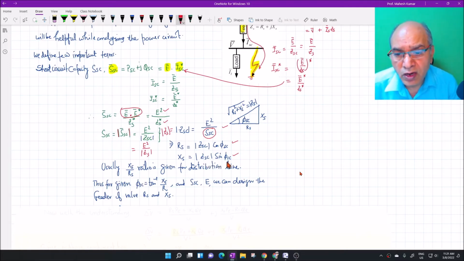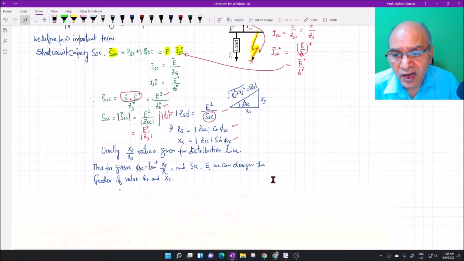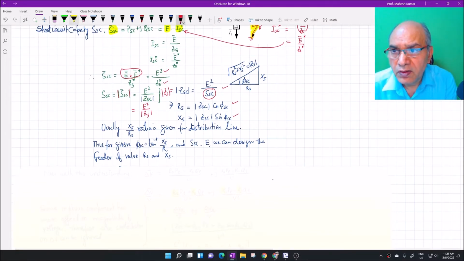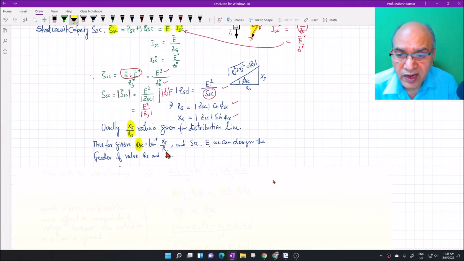What is given to you normally is the XS by RS ratio. When you solve the problem or when you have any distribution transmission network, you are given the value of XS by RS. Now from this given value we can find out phi SC, or phi S, which is tan inverse of XS by RS.